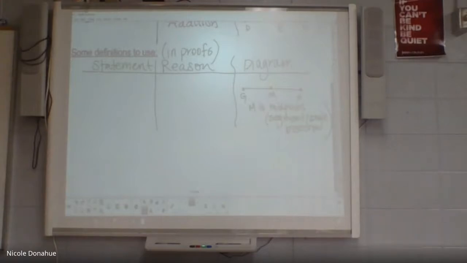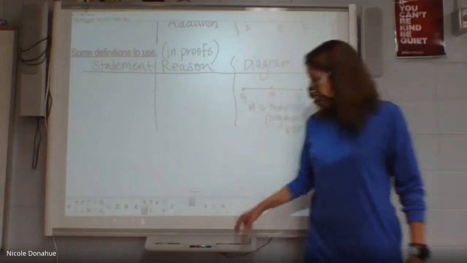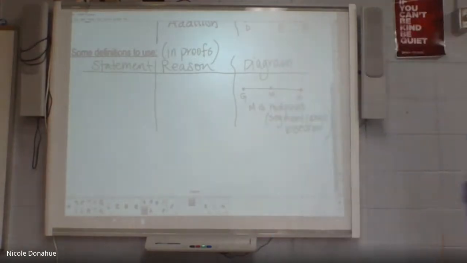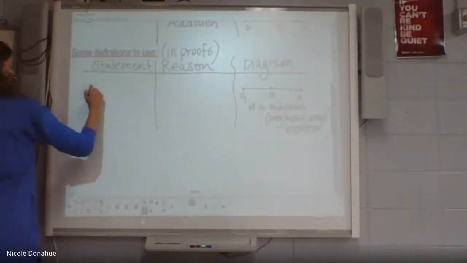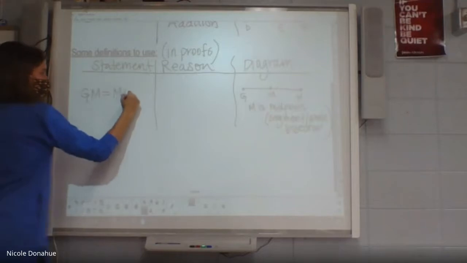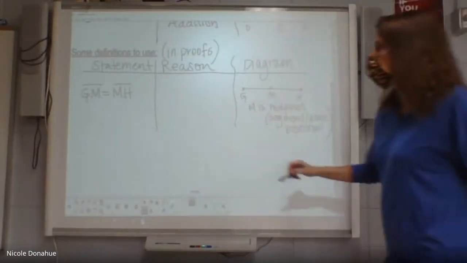So if I know M is a midpoint, what do I know about this segment or these little segments? Yeah, Michael? They're equal. So what equals what? GM equals MH. And the reason for that would be definition of a midpoint. I'm okay if you just say it's a midpoint.